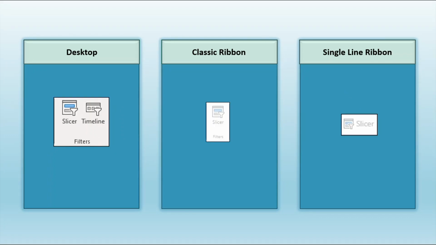When we look at the Filters group, we can see that all three of the ribbons have a slicer. A slicer is a way to filter information in a table, but only the desktop version has a timeline filter as well.